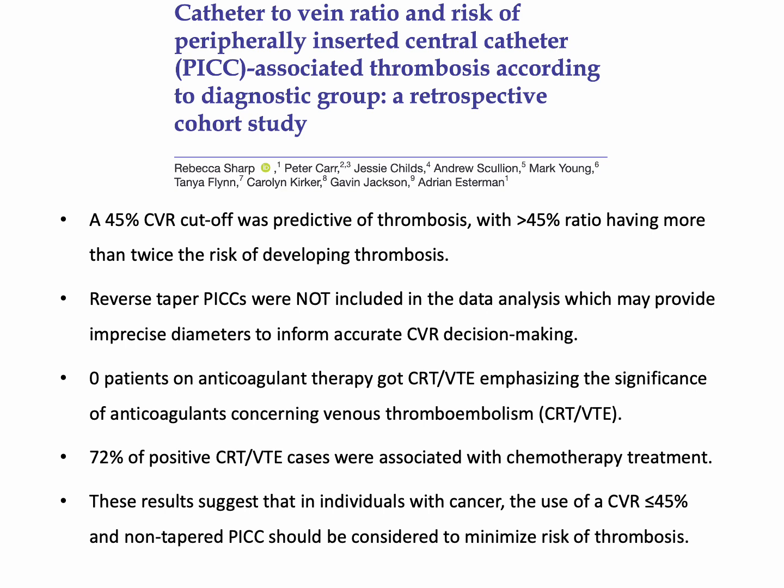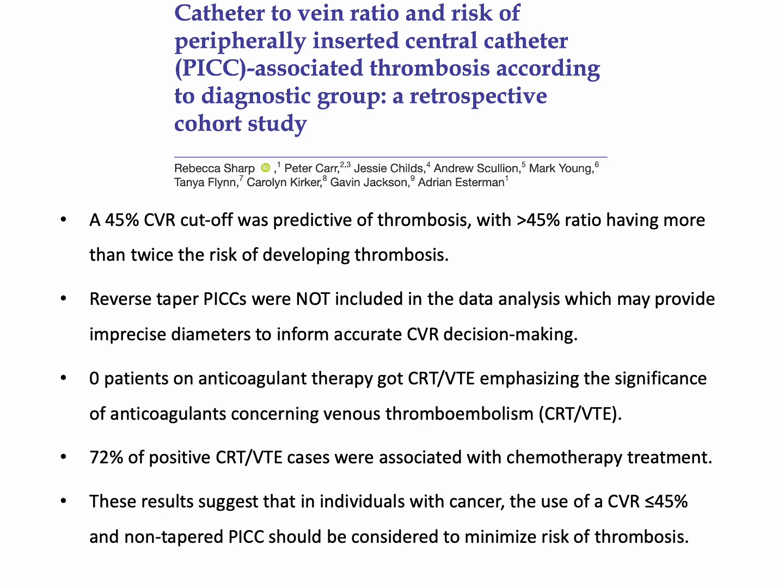So there is, once again, information that has been evaluated and analyzed through research that helps us as clinicians strategize ways that we can appropriate device use to try and reduce catheter-associated thrombosis.